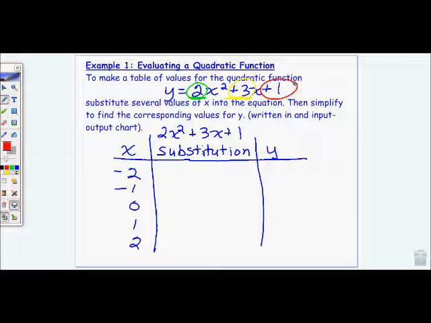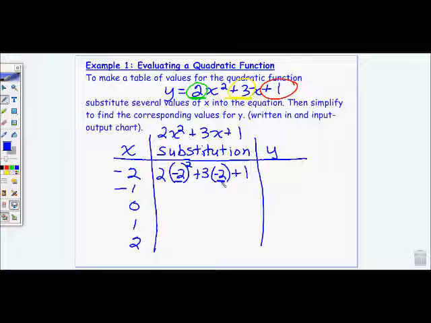Now, the first thing we're going to do is evaluate this by substituting some values of x into the equation. If I substitute negative 2 first, it would be 2 times negative 2 squared plus 3 times negative 2 plus 1. I've substituted in my x.